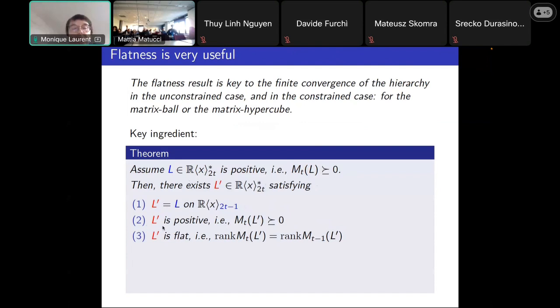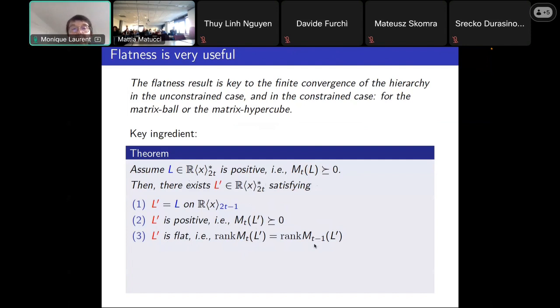The second property is that L prime is positive again. Its moment matrix is PSD, or in other words, L prime is non-negative on sums of squares. The third property, which is the most important one, is that this L prime is flat, which means that its moment matrix of order t has the same rank as the submatrix of order t minus 1.